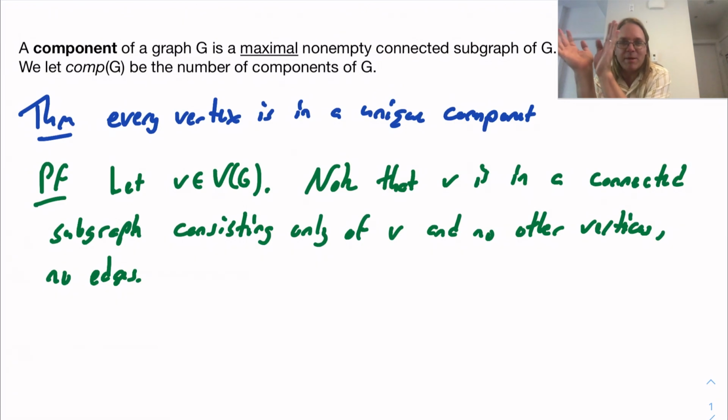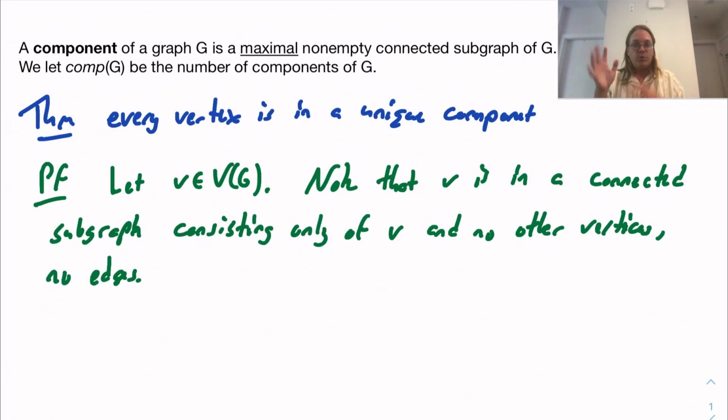Well, maybe I've led the witness by calling them H1 and H2. The reason is the proposition we proved before. If H1 is a connected subgraph containing V and H2 is a connected subgraph containing V, then H1 union H2 is a new connected subgraph containing V that contains all of H1 and all of H2.